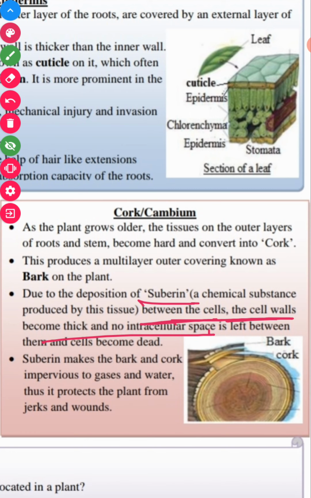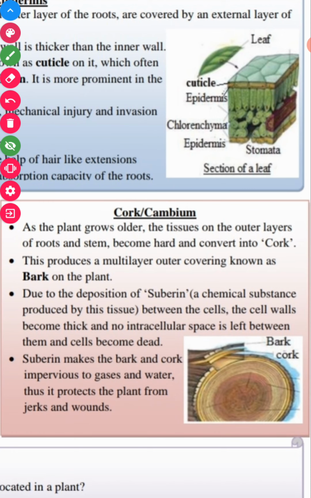Suberin makes the bark and the cork impervious to gases and water, and thus it protects the plant from jerks and wounds.